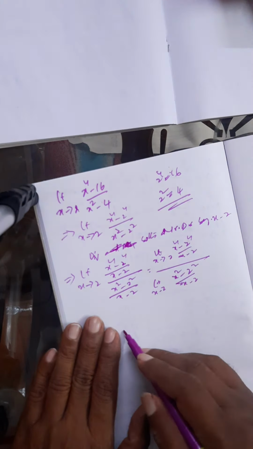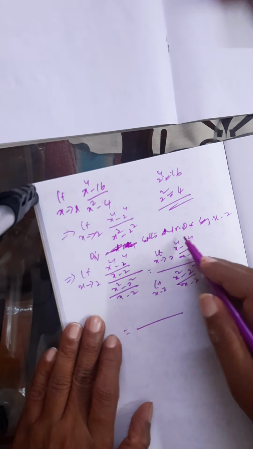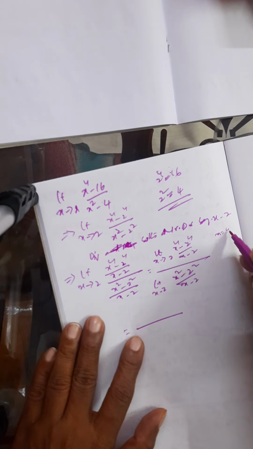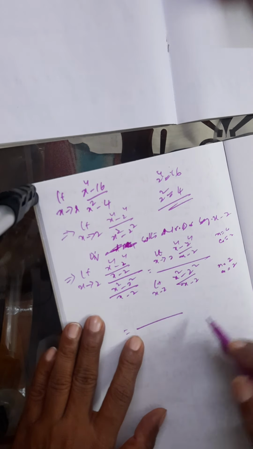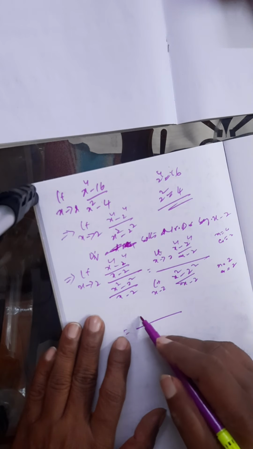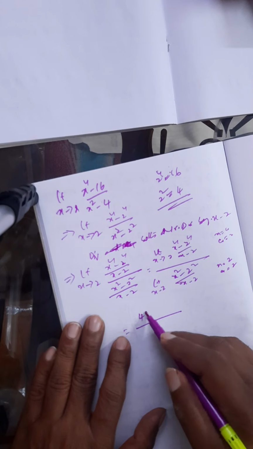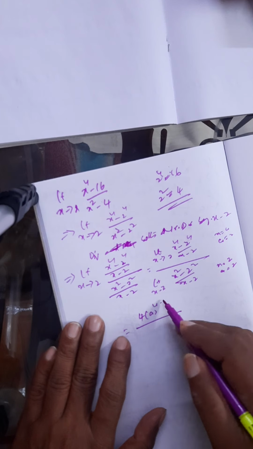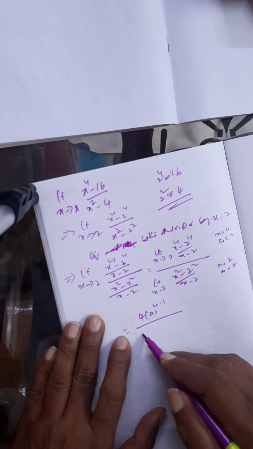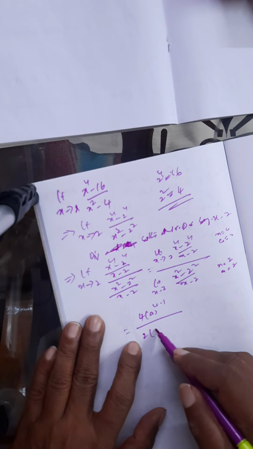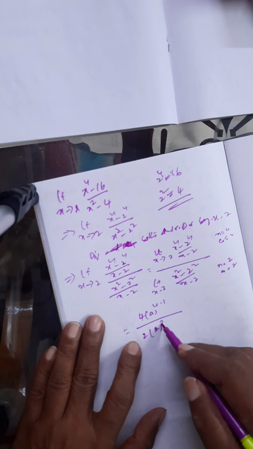Now apply the formula for the upper. Here n equals 4 and a equals 2. Here n equals 2, a equals 2. So this is the difference. So n is 4, a to the power of 4 minus 1. Here n is 2, a is 2, to the power of 2 minus 1.